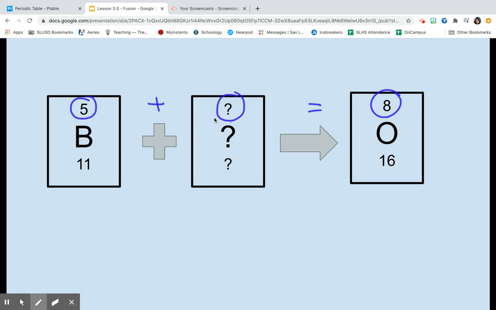So I can focus on the top number. 5 plus what will equal 8. You might automatically think, oh, 5 plus 3 is 8, right? Or if you subtract, 8 minus 5 will give you 3 protons.